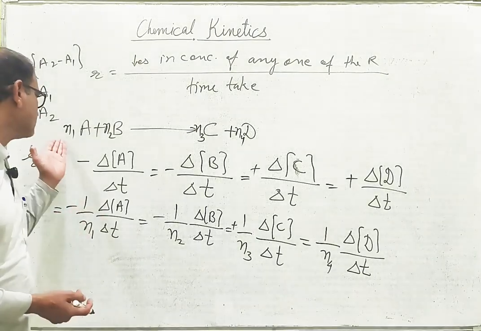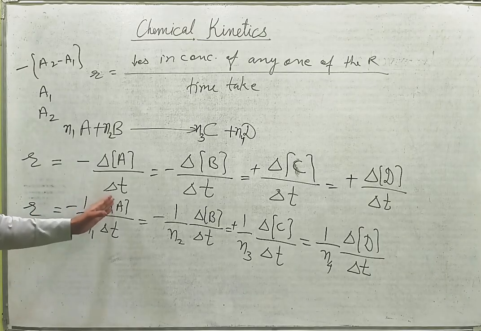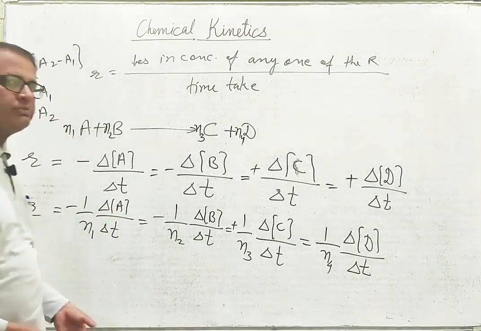If it is, say, 2, then 1 by 2 delta A upon delta T will be equal to the rate of reaction.